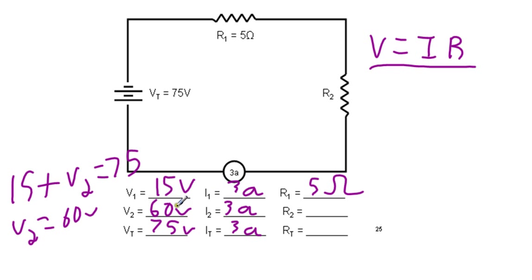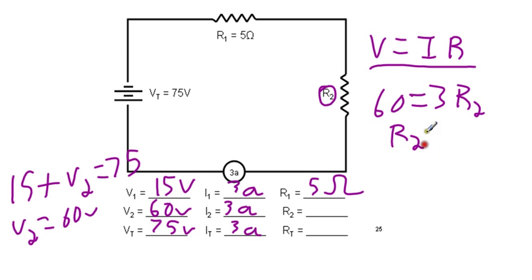And now that we have this, we have 2 out of 3 for both of these rows. And we know V equals IR, so 60 is equal to 3 times R2, which means that our R2 is going to be equal to 20 ohms.